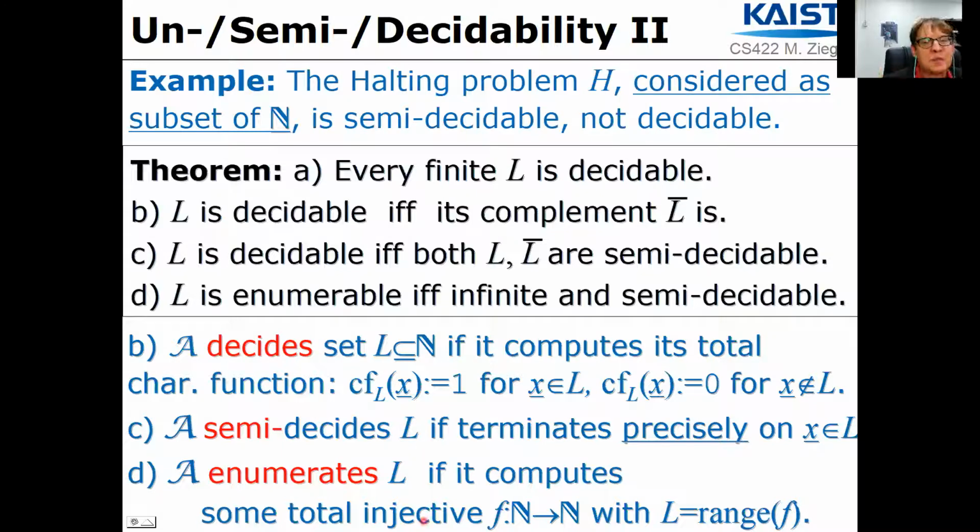Injective function, total domain must be infinite. So this condition is already satisfied by injectivity. And how can we prove it semi-decidable?